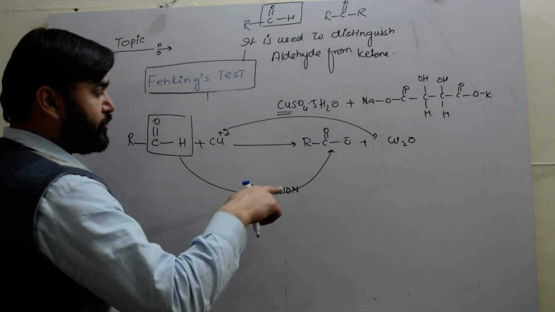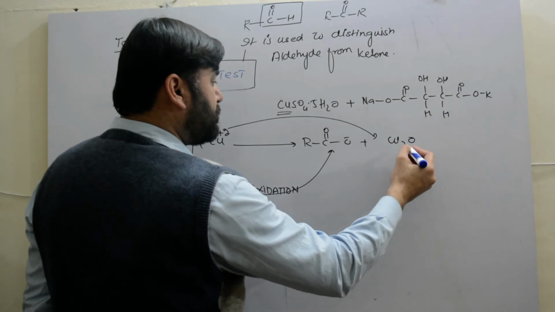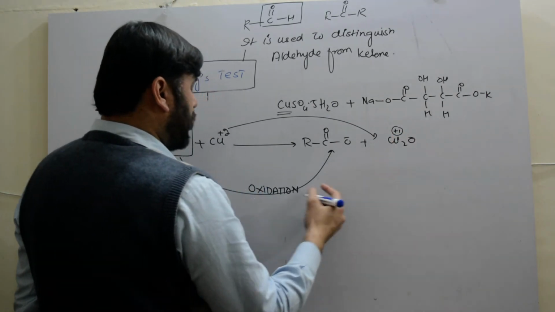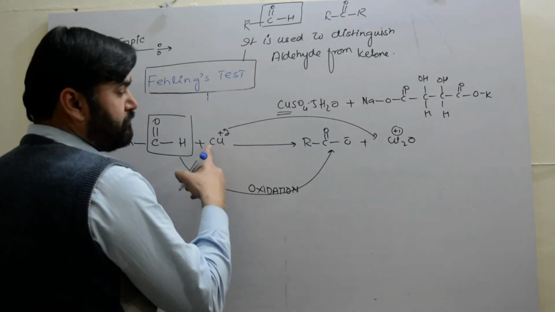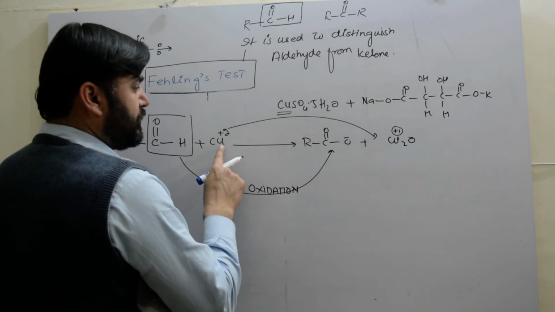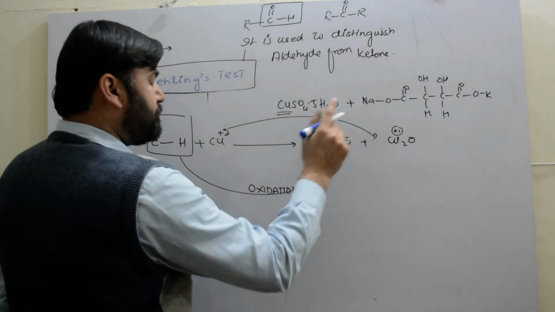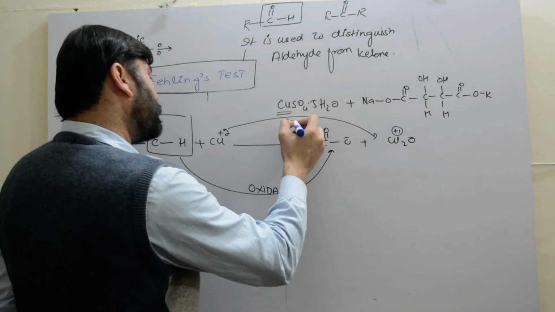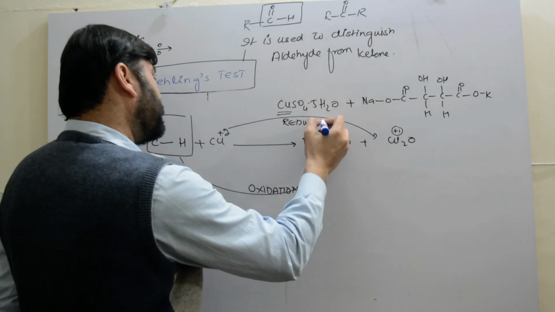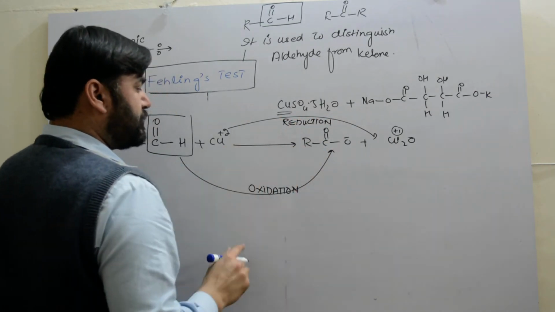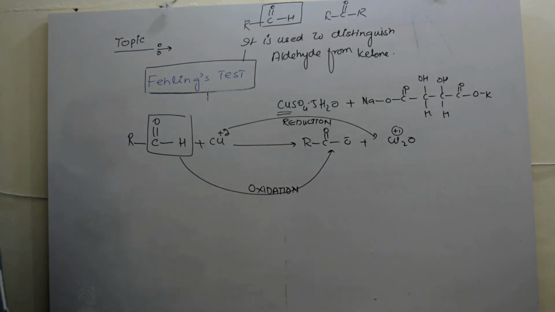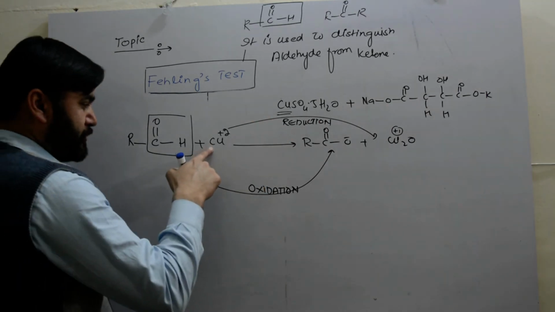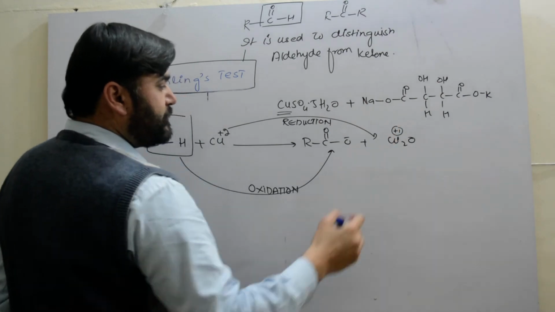The oxidation state of copper in cuprous oxide is plus 1. Copper gains 1 electron, from plus 2 to plus 1, so it is a reduction. Whenever there is oxidation, there is reduction.